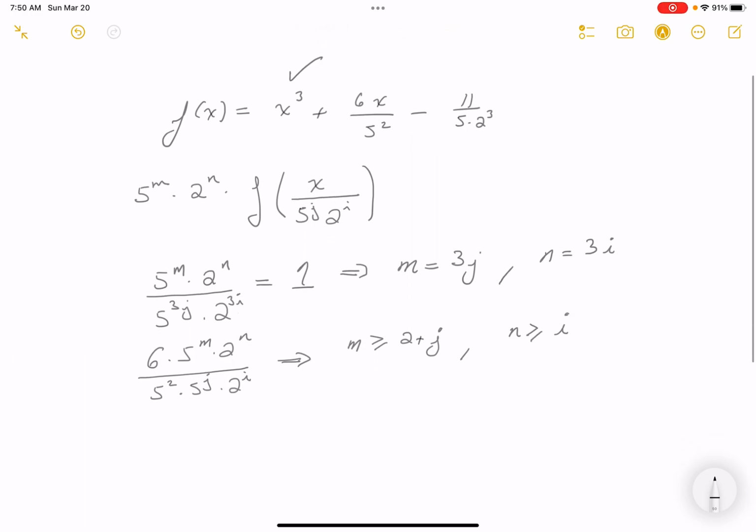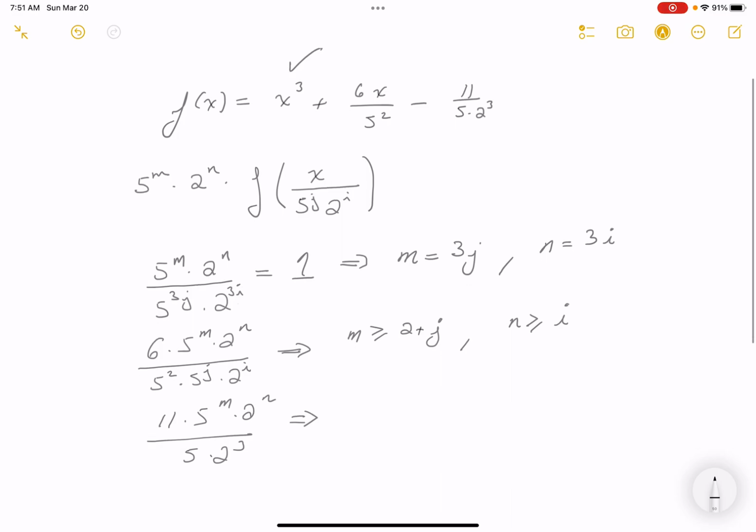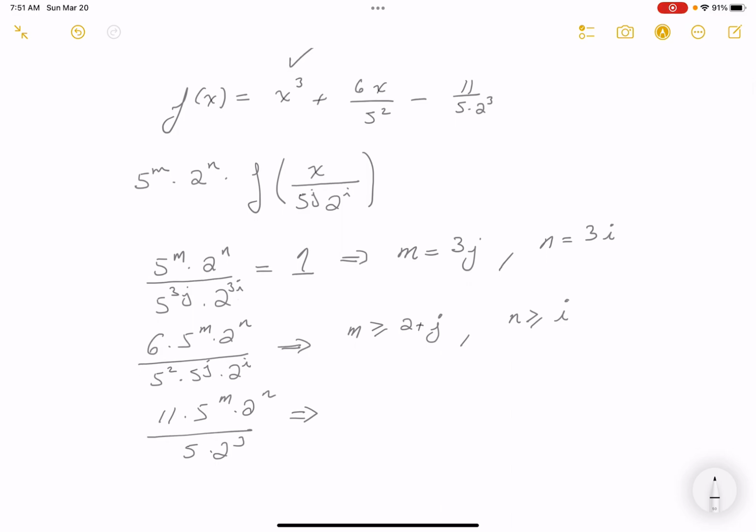Let's go to the last guy. And what do you get there? Let's take a look at this. You can get 11 times 5 to the m times 2 to the n over 5 times 2 cubed. All right, let's take a look at this. And I got to be careful here.